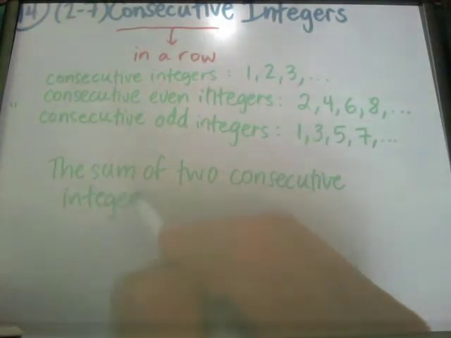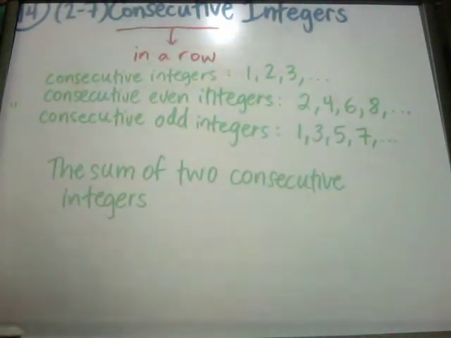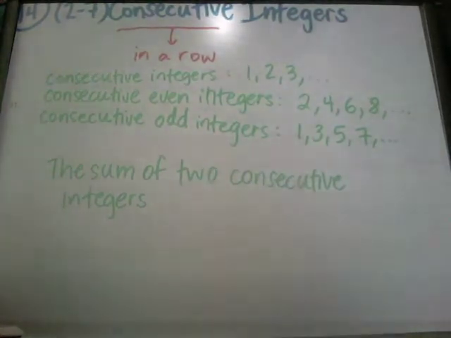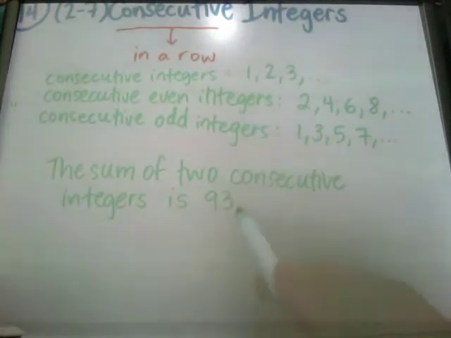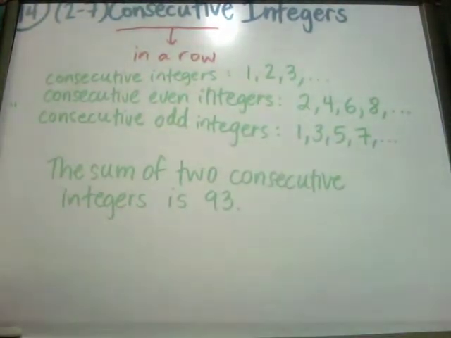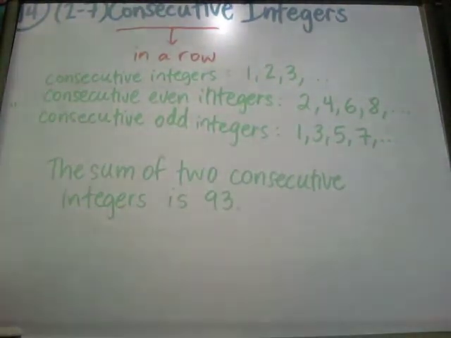For this you need to read carefully. Is it consecutive integers or is it consecutive even or odd? So just look carefully for the wording. The sum of 2 consecutive integers is 93. So we're first going to write an equation and then we're going to see if we can solve it and figure out what those numbers are. You must write the equation though.